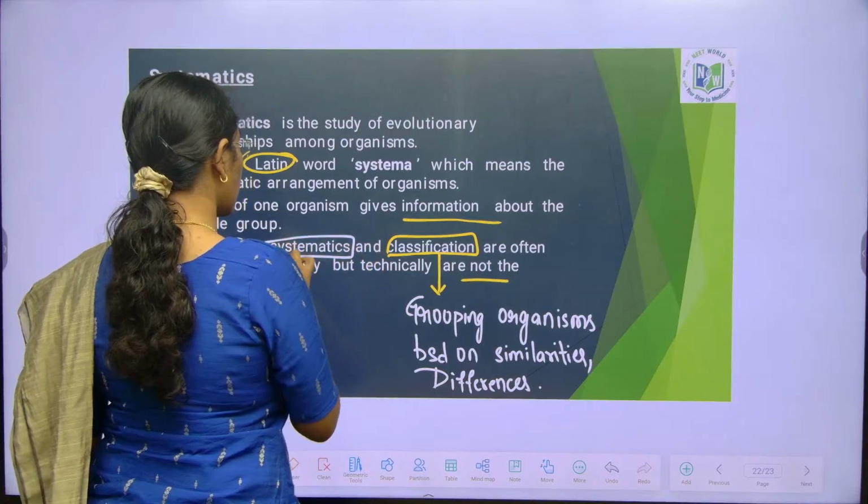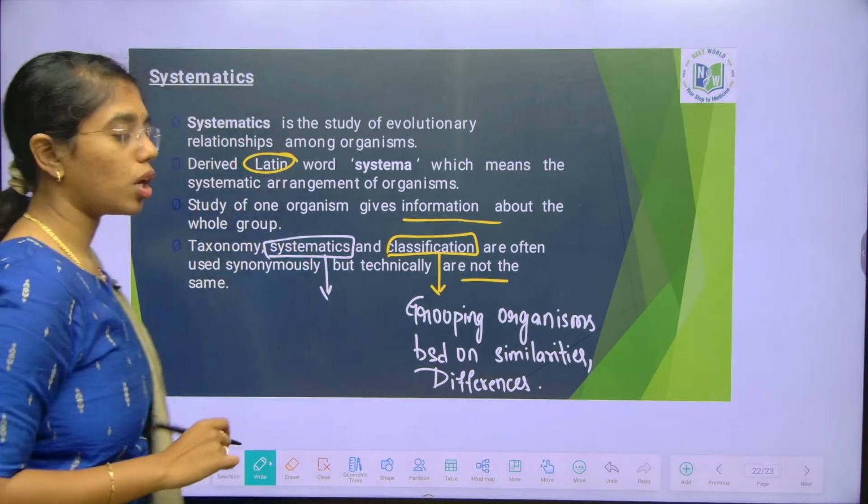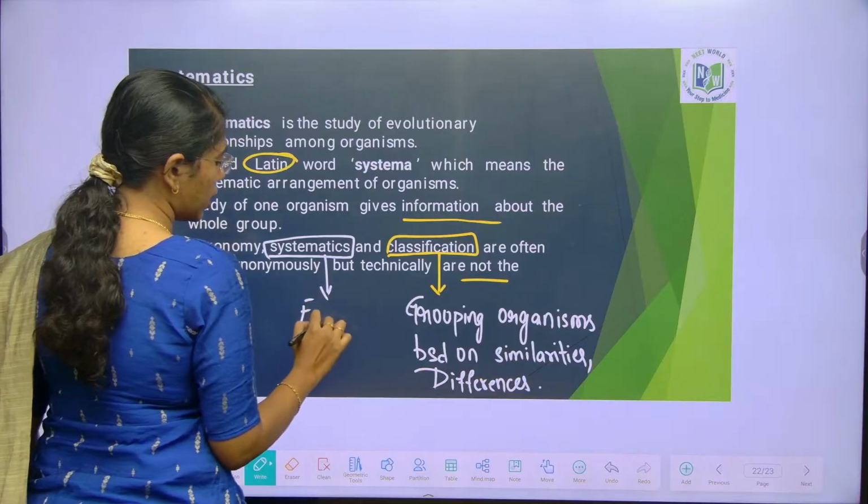Systematics includes all the components of taxonomy along with evolutionary relationships.